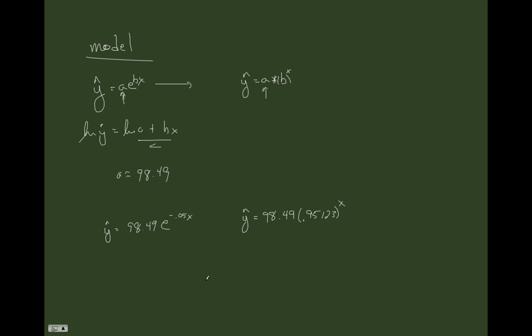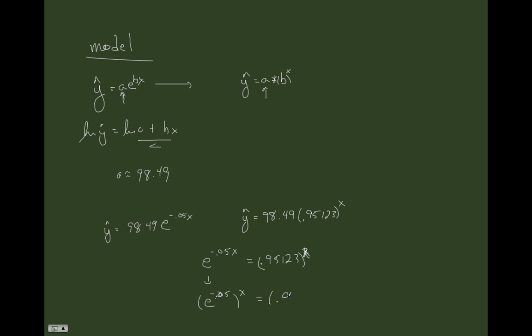Now, that means if both of these equations are equivalent, then it's got to be true that e to the negative 0.05x is equal to 0.95123 to the x. That's not squared, to the x, okay? So on this side, doing a little algebra, I have a product in the exponent. That means I can rewrite it as an exponential, e to the negative 0.05, and then that whole thing raised to the x.